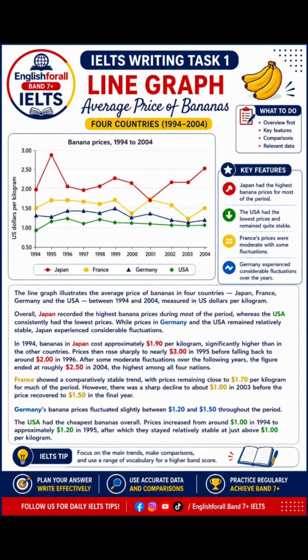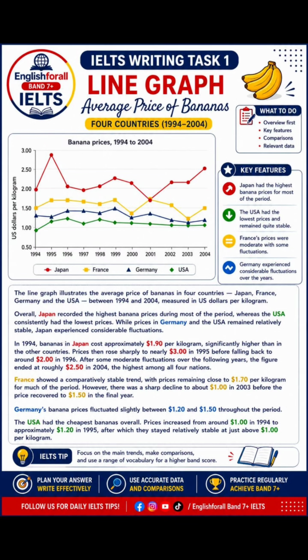The third paragraph is: in 1994, bananas in Japan cost approximately $1.9 per kilogram, significantly higher than in the other countries. Prices then rose sharply to nearly $3 in 1995 before falling back to around $2 in 1996.